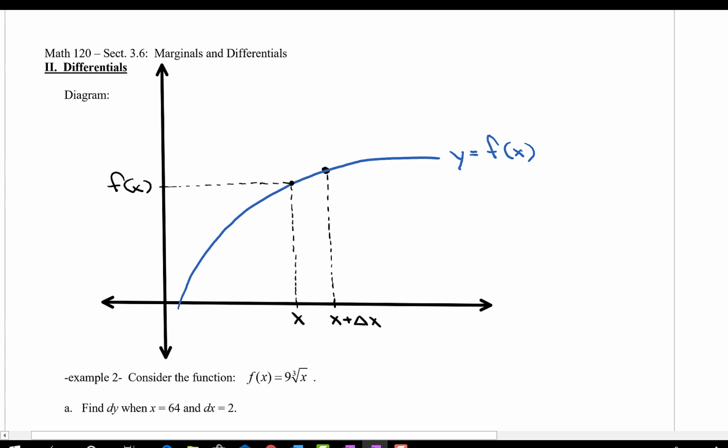I'm not going to specify that amount. The amount separating x and x plus delta x is delta x, and it's a small amount. That's good enough for us. And I'm going to do the same thing over here. The y coordinate for this point, we're going to call f of x plus delta x.